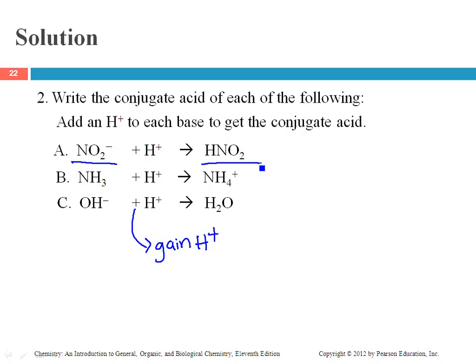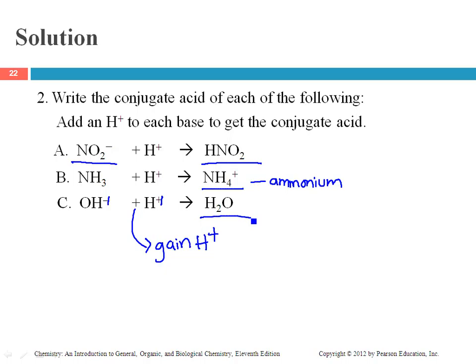And then for ammonia, it is going to gain a proton and become ammonium. Hydroxide, if it gains a proton, so it's negatively charged, I'll go back and talk about charge here in a second. But it's negatively charged and it gains a positive charge, so basically you have a -1 and a +1 that's going to make it neutral, so it becomes water.